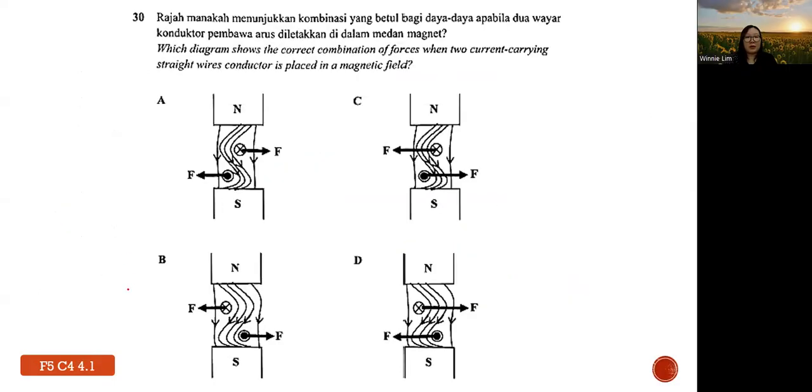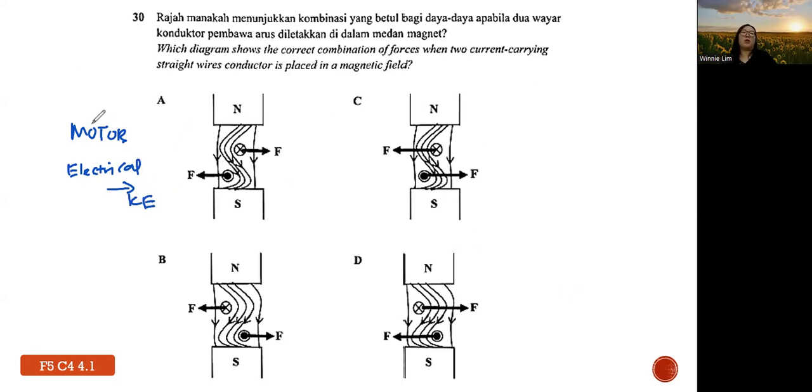Okay, move on. Question 30. Which diagram shows the correct combination of force when a straight wire conductor carrying current is placed in the magnetic field? This is under the concept of motor, because you are changing electrical energy to kinetic energy.